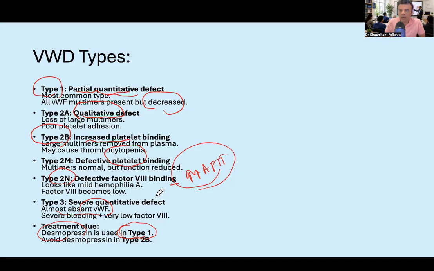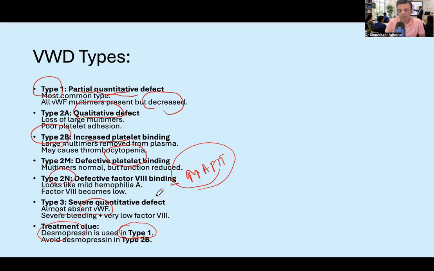These are very high yield MCQs to be asked. So we talked about type 1, type 2A, type 2B, type 2M, and type 2N. All these are mostly autosomal dominant. To repeat, type 3 and type 2N are autosomal recessive. Apart from that, all the other ones, type 1, type 2A, type 2B, type 2M, are autosomal dominant.